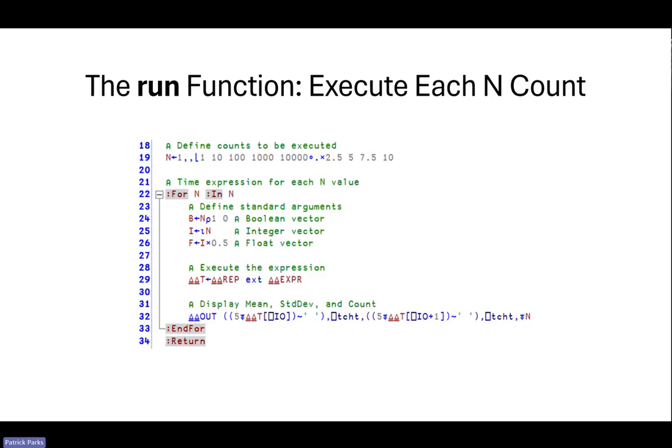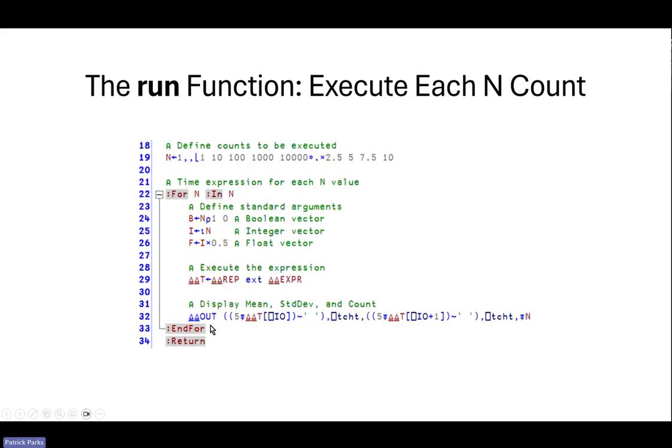Then we execute extr here to get the mean and standard deviation for executing our expression. And then we display those, and we format these to 5 decimal significant digits for our expression of our mean, and our standard deviation and the count is displayed here.